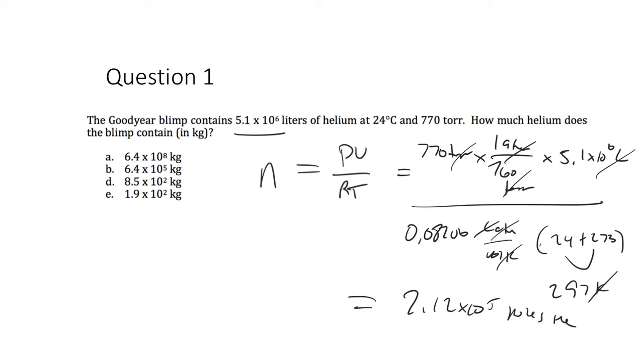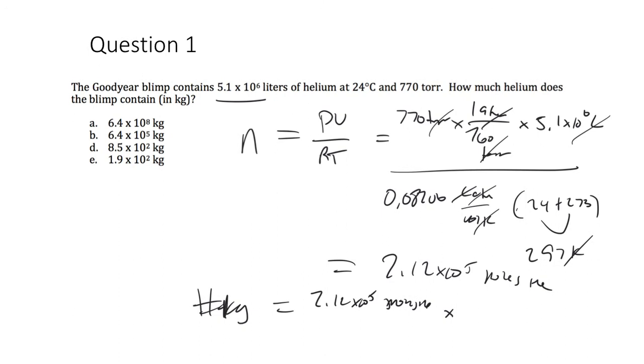And then to go to kilograms, we'll just take this number of moles times the molar mass. So 1 mole of helium is 4.003 grams, and then 1,000 grams is a kilogram.